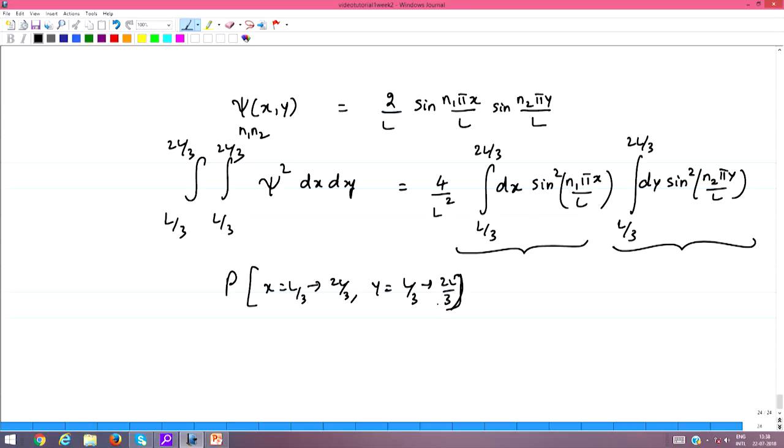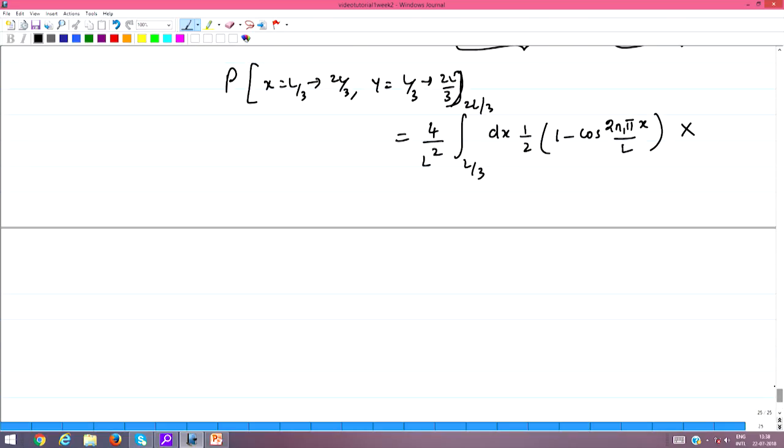This integral is fairly simple for you to evaluate, and therefore, I am not going to write the answer, but will just write the next step, namely it is 4 by L square, the integral from L by 3 to 2 L by 3 dx into 1 by 2 (1 minus cos 2 n1 pi x by L), times the corresponding integral for y, between the limits L by 3 and 2 L by 3 dy 1 by 2 (1 minus cos 2 n2 pi y by L).